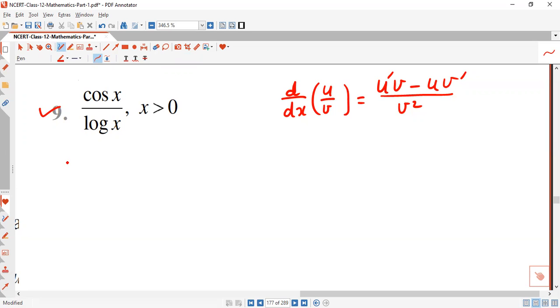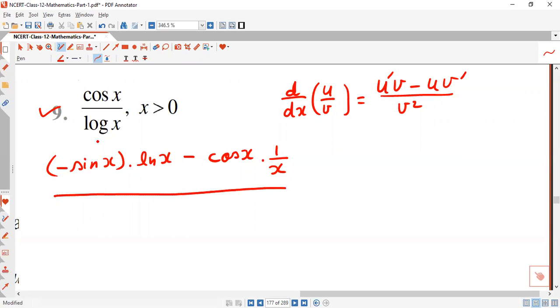Differentiation of cos x will be minus sin x, multiplied by denominator log x, minus cos x, and differentiation of this log x function comes out 1 upon x, whole divided by this log x function whole square.